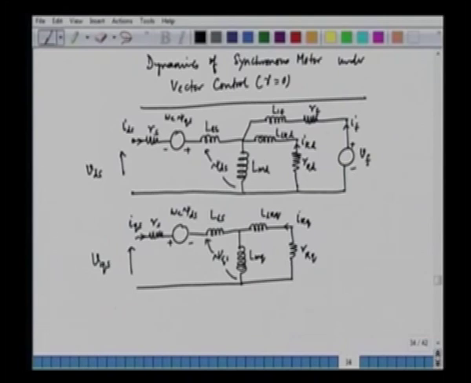So we can write down the expression for the torque. Te is equal to 3 by 2 into p by 2 into psi ds IQS minus psi qs into IDS, and if we simplify this, we will get the following expression.